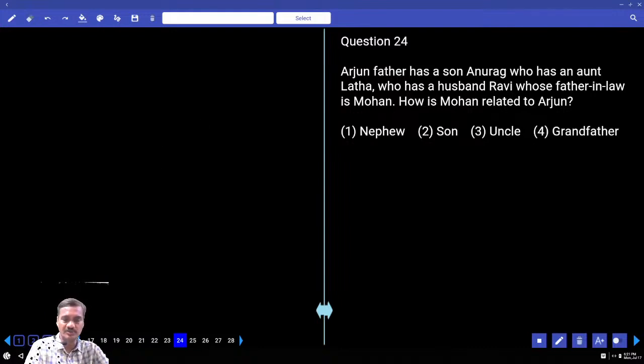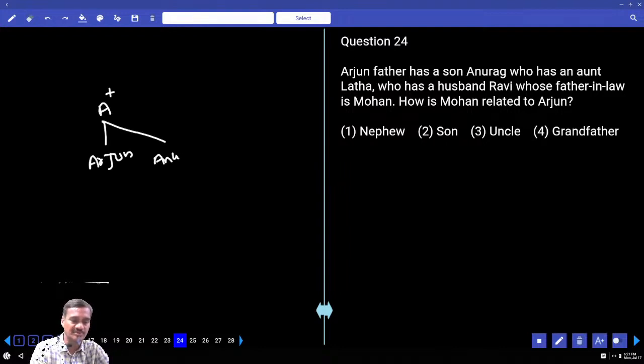Arjun's father has a son Anurag. Arjun has a father, and that father has a son Anurag. Anurag has an aunt Lata. Lata has a husband Ravi.